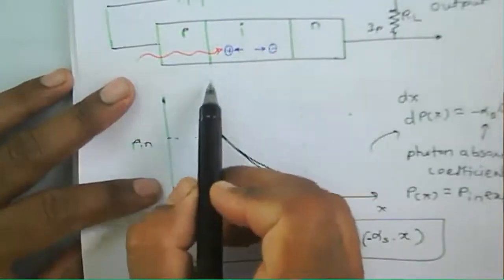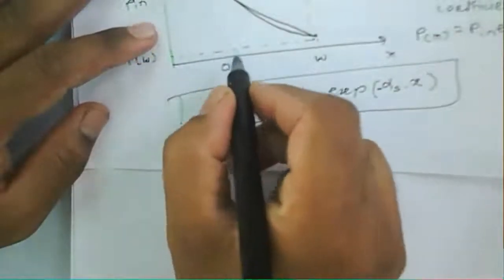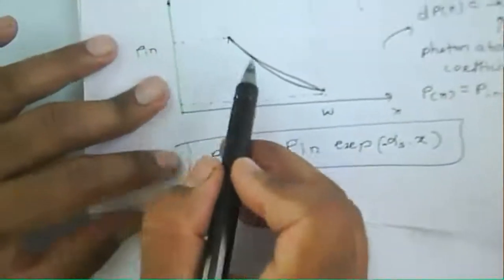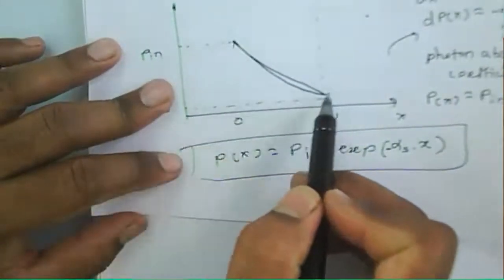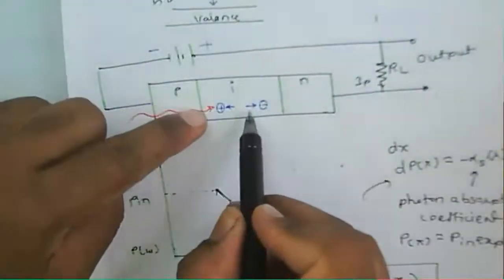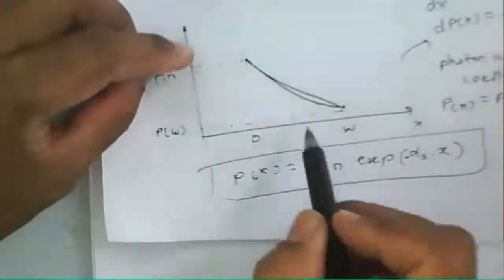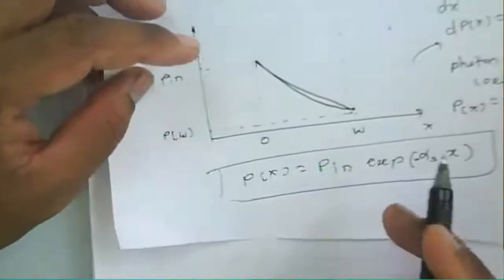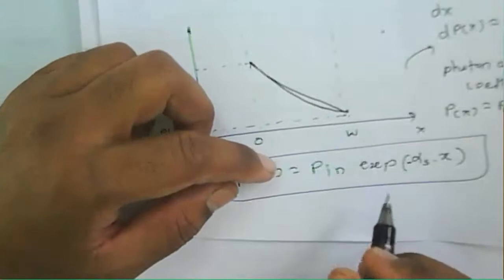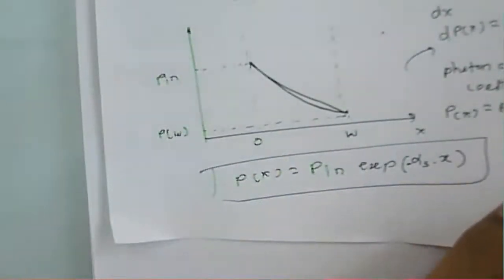So we can calculate the power level. This one is the incident power level. Because it is propagating through the material, the incident power level will be decaying throughout the distance. Through this material, your input power level will be decaying with respect to the distance. That is P of x that we can calculate. Absorption means what? It is nothing but photon absorption inside this particular material or region.